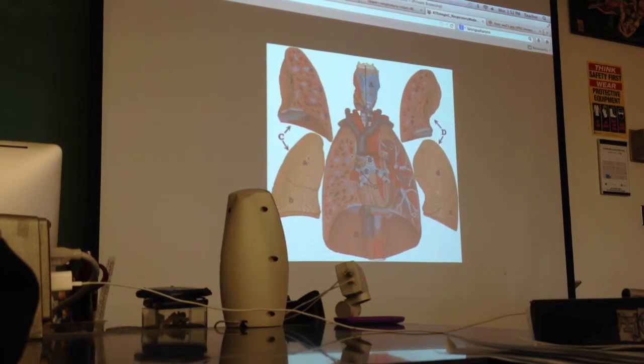The one on top is superior, the one in the middle is the middle, the one on the bottom is inferior. And again, you can see here, just look for those crease lines, superior, middle, inferior, same on the actual surface of the lung, okay? And for this one, since there is no middle, we just have a superior and an inferior, alright?